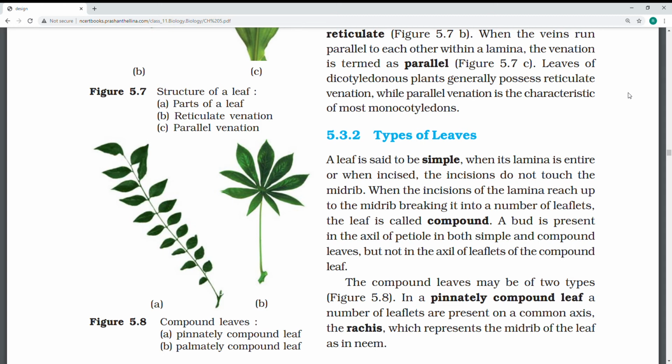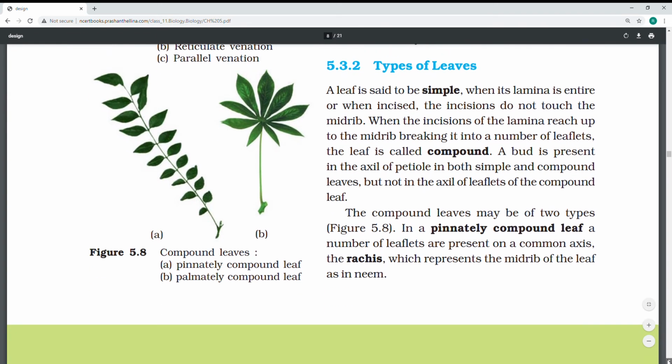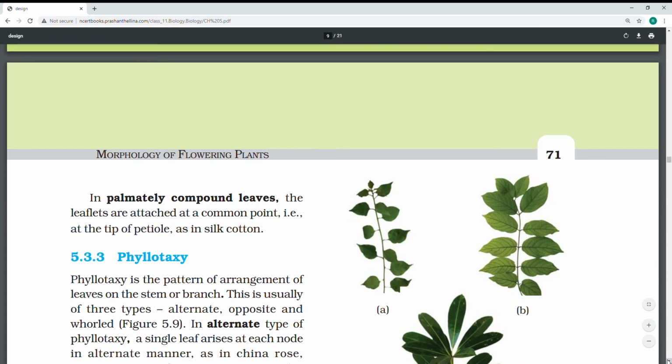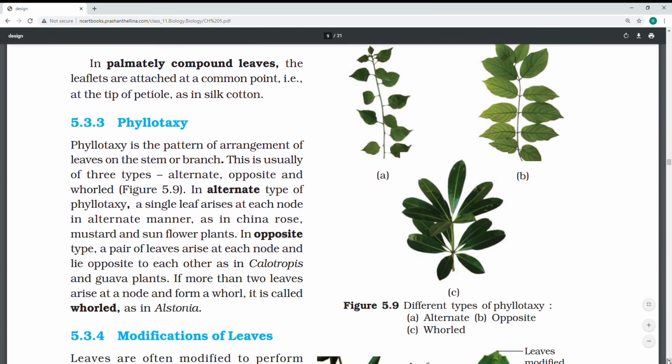Whorled phyllotaxy, opposite phyllotaxy, the diagram I am searching for where they have given it in the textbook. See this, I got it now. See these diagrams. A is alternate. See the stem is like that, leaves on two sides alternately. Those leaves which are opposite, that is called opposite leaves.